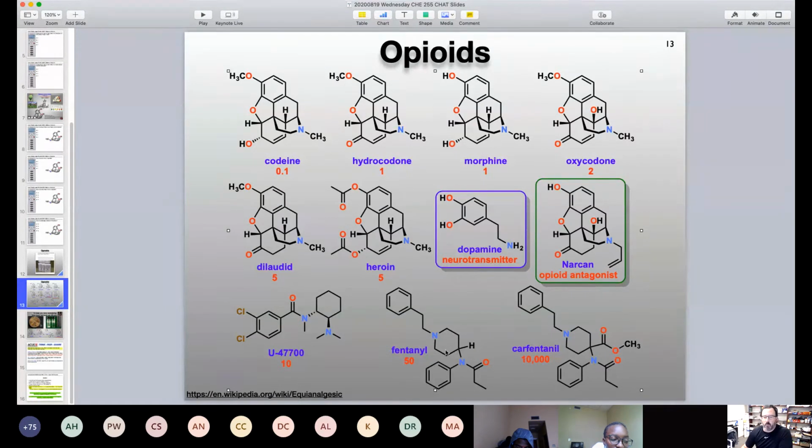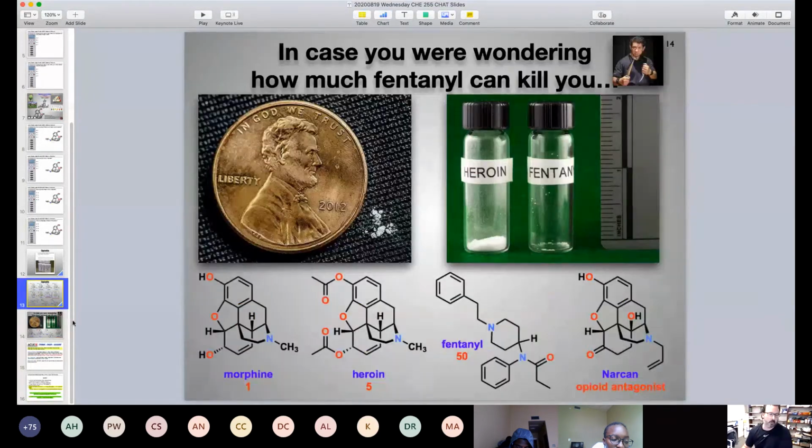So why does fentanyl kill people? I'm a big fan of Forged in Fire. That's Doug Marcaida. So how much fentanyl can kill you? In this vial right here, that's the amount of pure heroin that can kill you.